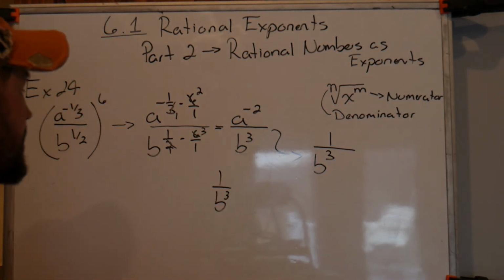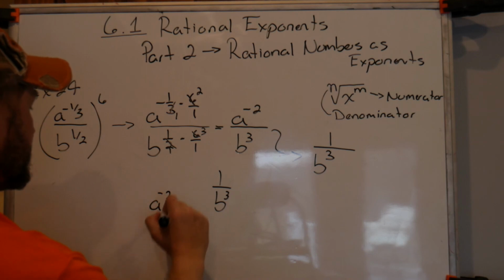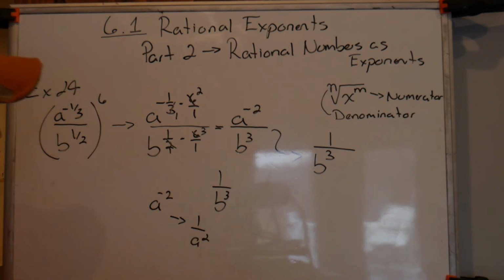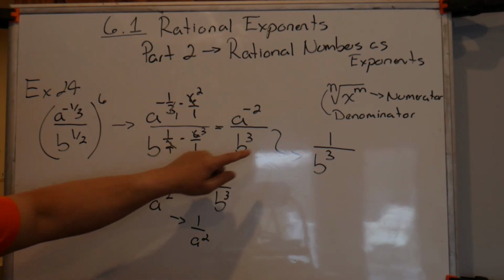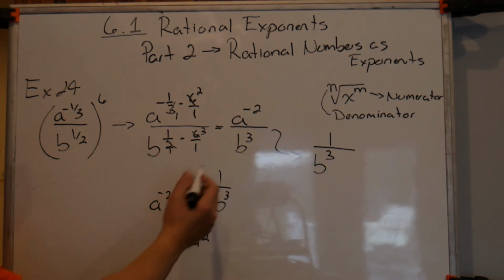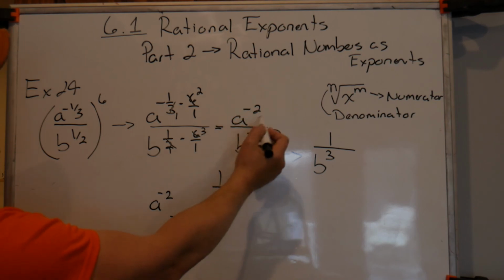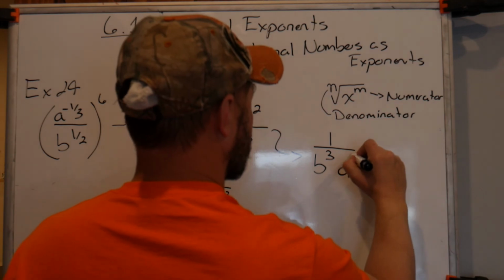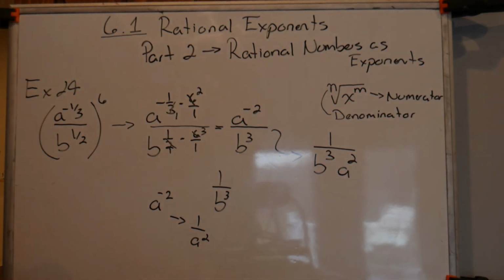We know that. When I have a to the negative 2, that becomes 1 over a squared. That's why I need to hold that 1. I need the 1 in the numerator because this is 1 over b cubed. To make that a positive, I need to put it under 1. And I move it down here to make it positive. So I have 1 over b cubed, a squared.